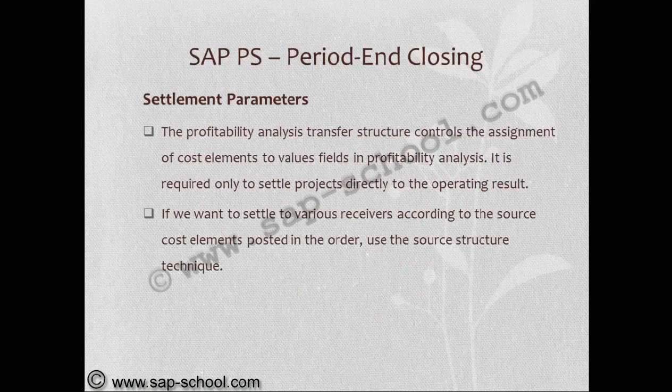The profitability analysis transfer structure controls the assignment of cost elements to value fields in profitability analysis. It is required only to settle projects directly to operating result. If we want to settle to various receivers according to the source cost elements posted in the order, use the source structure technique.